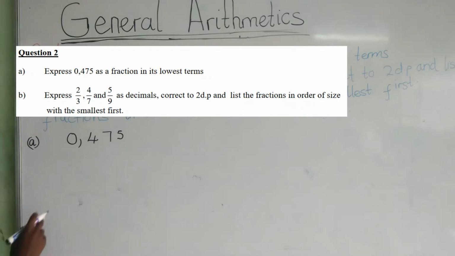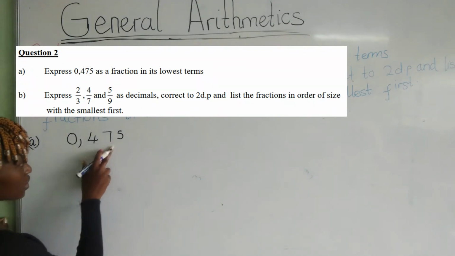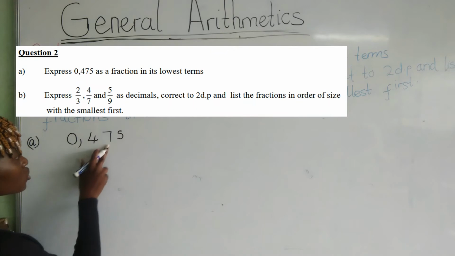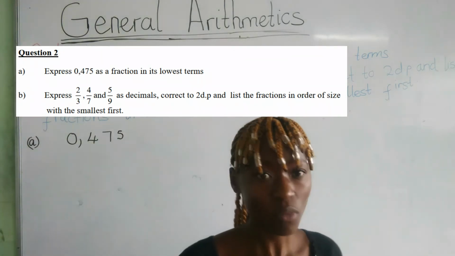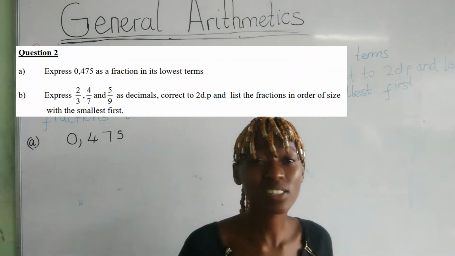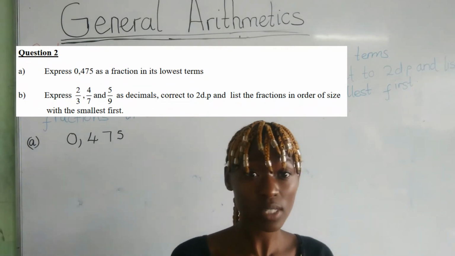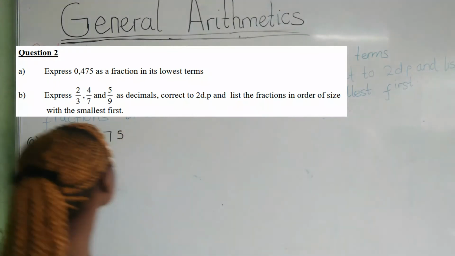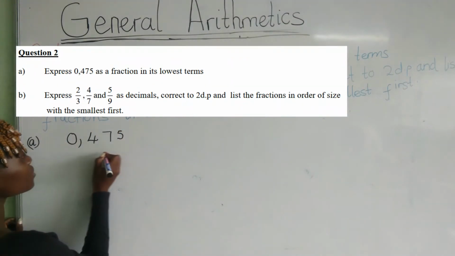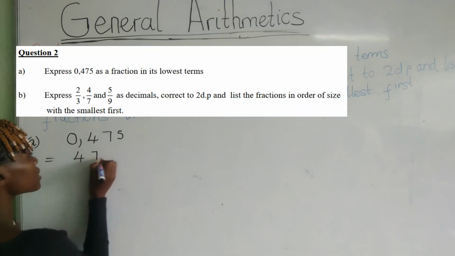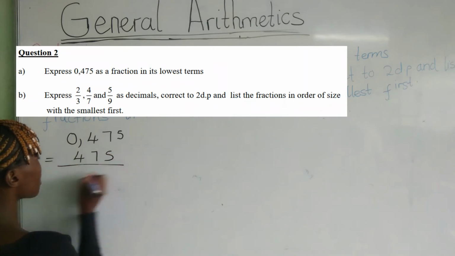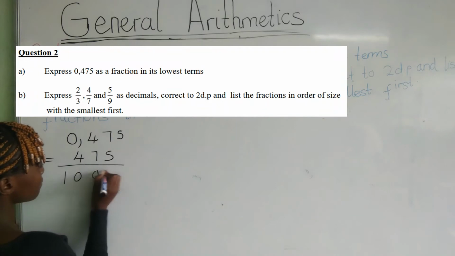So for you to know what fraction it is, you read the number of decimal places that are there. 1, 2, 3, meaning it's over 1,000.